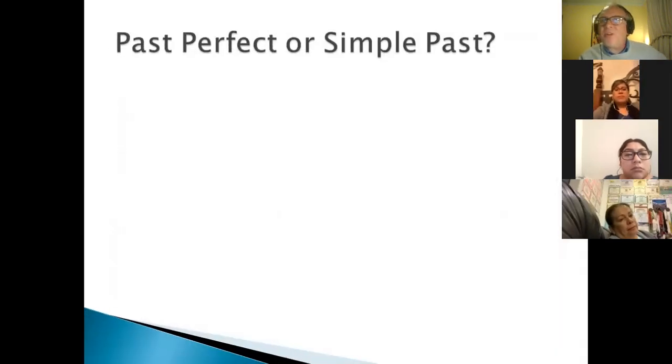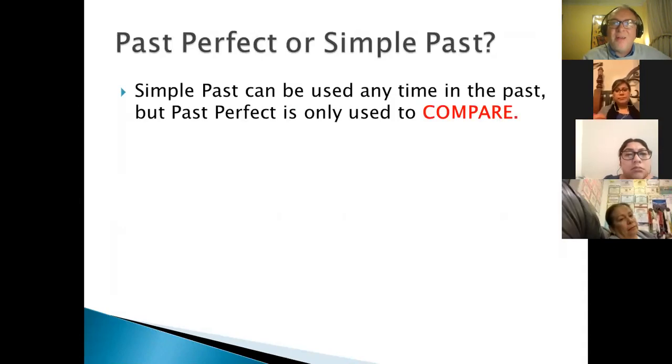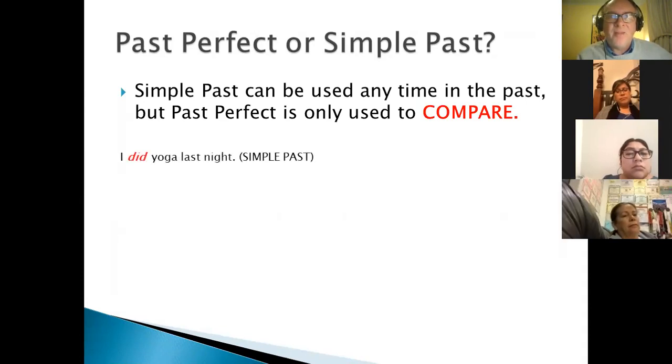All right, past perfect or simple past? Well, let's talk about it. Simple past can be used anytime. But past perfect is only used to compare. For example, I did yoga last night. No reason for past perfect.